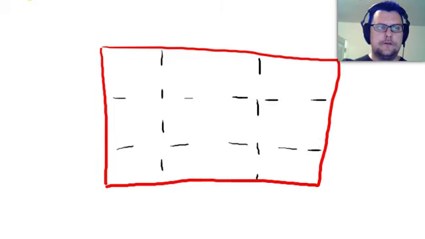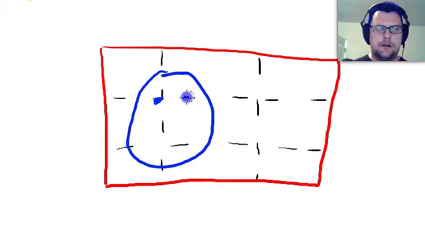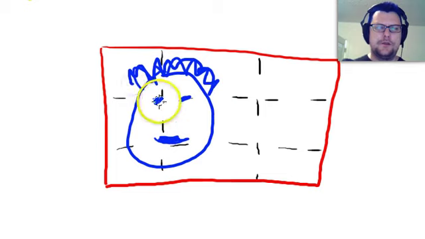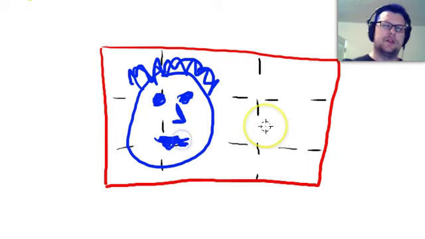So ideally, you'd be able to put a big face here, eyes there, mouth there, and you'll be using your awesome powers for good, and you'll be much better than my drawings.